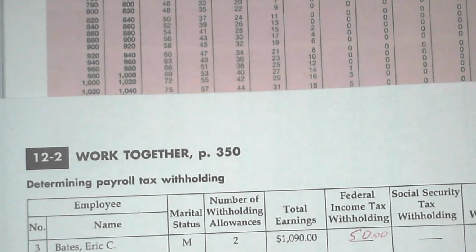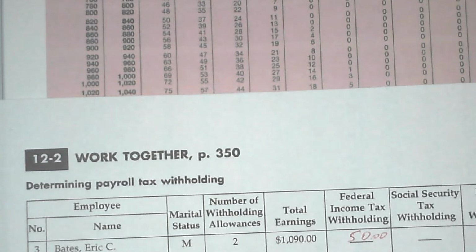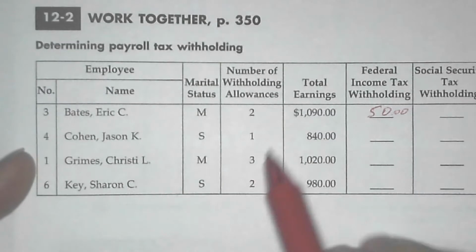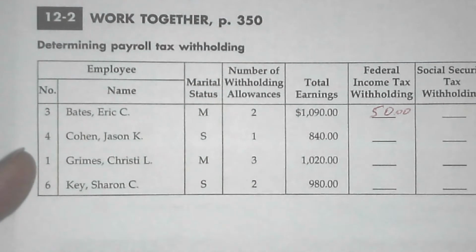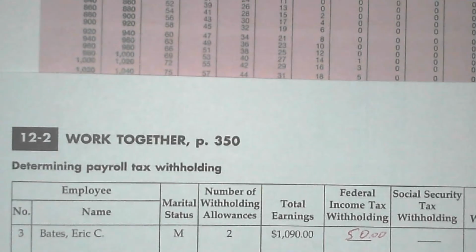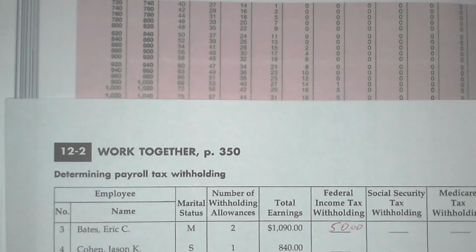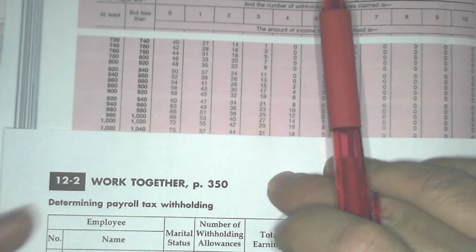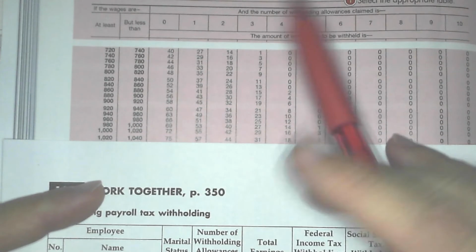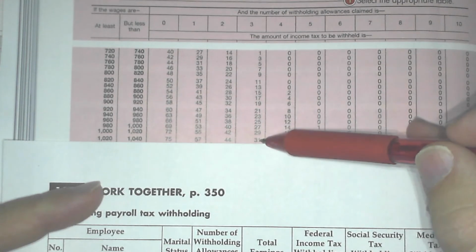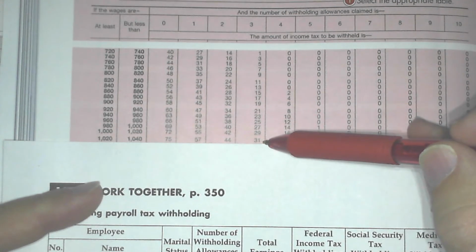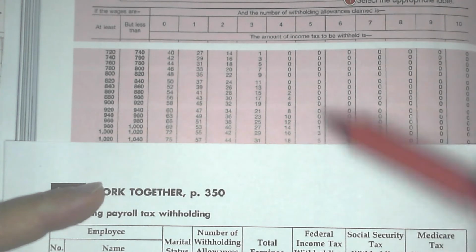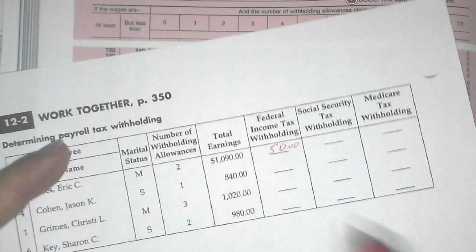And Christy has 3 allowances. So we got column 3. And that's $31. So $31 is going to come out for her federal withholding tax.